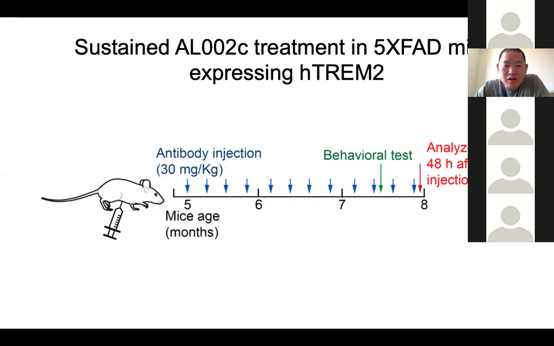To mimic therapeutic treatment, we started the injection at 5 months old, when the mice have already developed the A-beta aggregation, until 8 months old, when the A-beta is still growing. We also performed the behavior test during the treatment. The mice were finally sacrificed within 48 hours after the last injection.